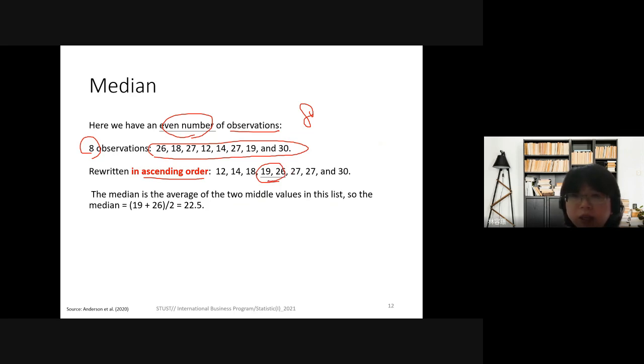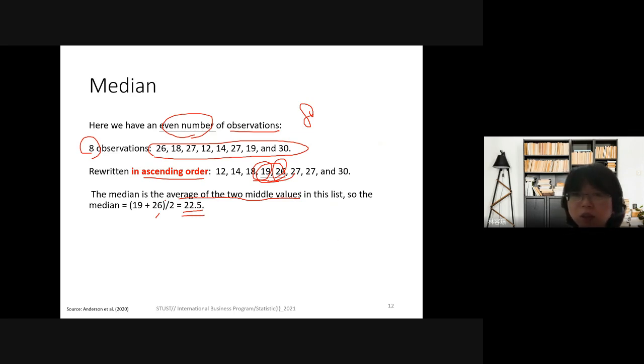The fourth and the fifth are in the middle of the observations. So for the median in such a condition, we will get the average of the 2 middle values. So we will add 19 and 26 and divide by 2 to get 22.5 as the median.